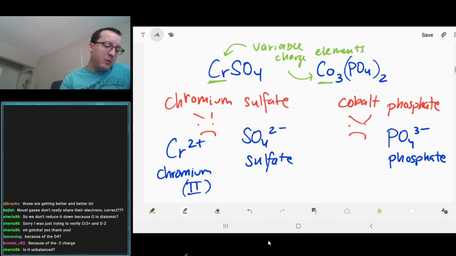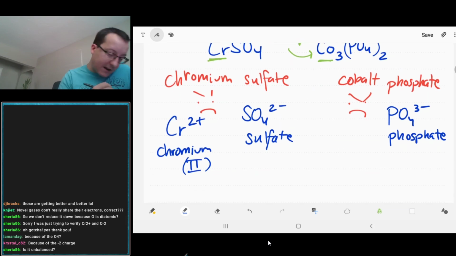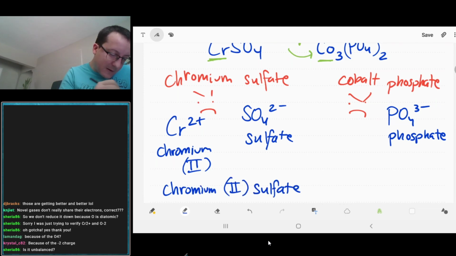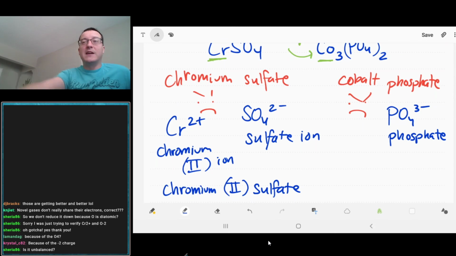And so, if we were to really make this a correct name, we would have to say chromium 2 sulfate. Right, this was the sulfate ion, this is the chromium 2 ion. So if we're to put those guys together, we have to make sure that we indicate the 2.